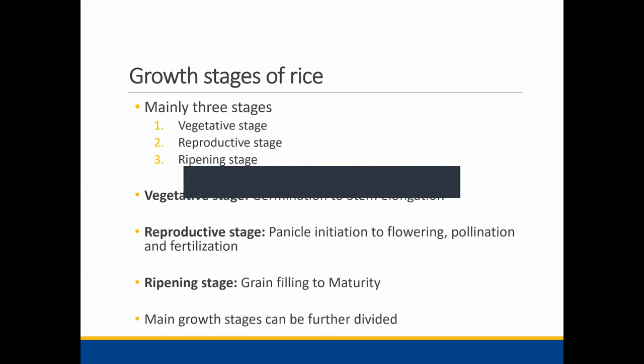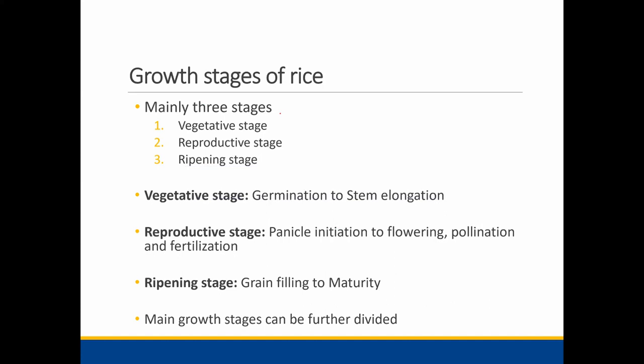So in rice, you can have three main growth stages. One is the vegetative stage, the second is the reproductive stage, and the third is the ripening stage.